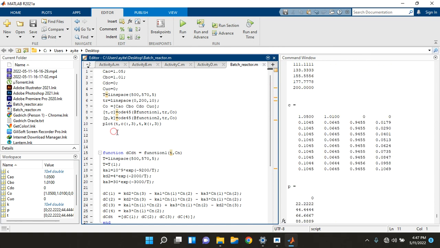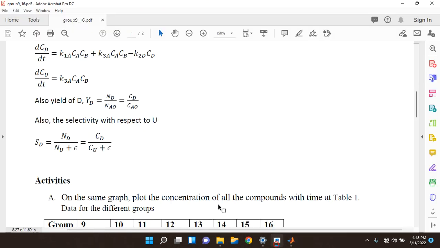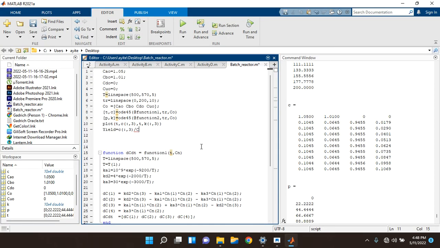So I'm going to write a function like yield is equal to concentration of D, which I know from the first part is C, all the rows of the third column, comma 3, divided by the initial concentration of A, which is CaO. So this calculates my yield.